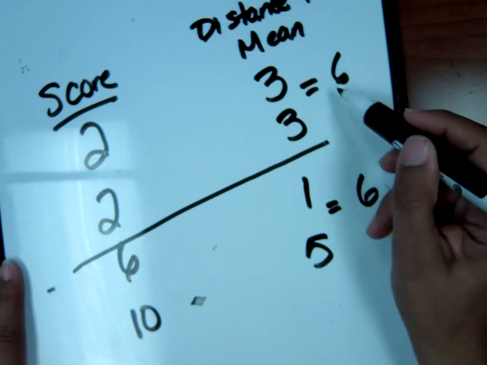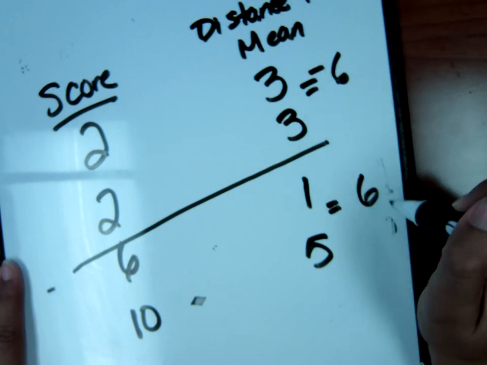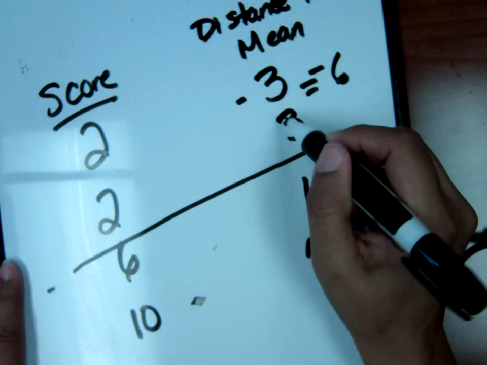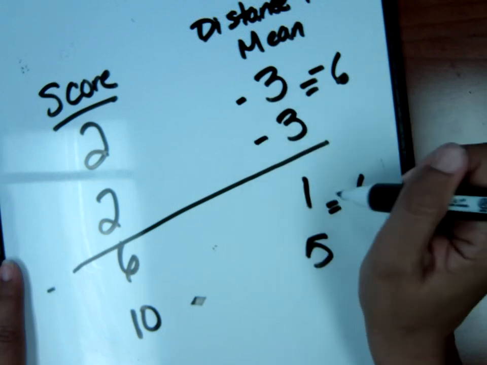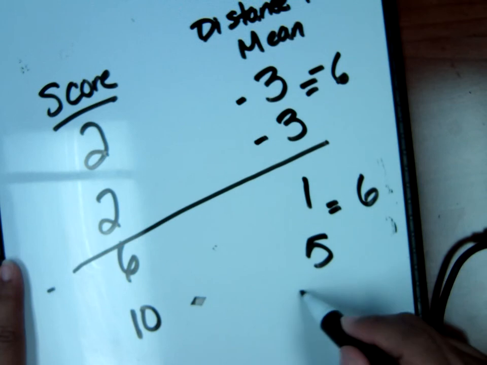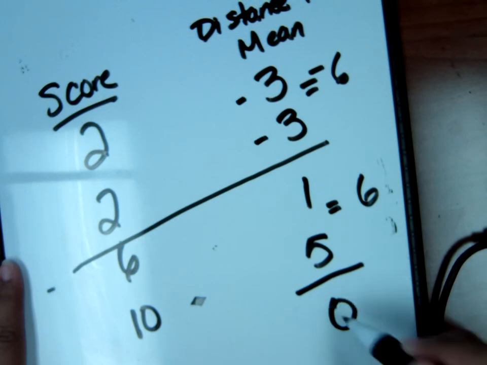Because this is below the mean, this is negative 6, and this is 6. One of the interesting things about the mean is that this is negative 3, negative 3. When you sum the distances from the mean, you always want to make sure that you get a 0, right?